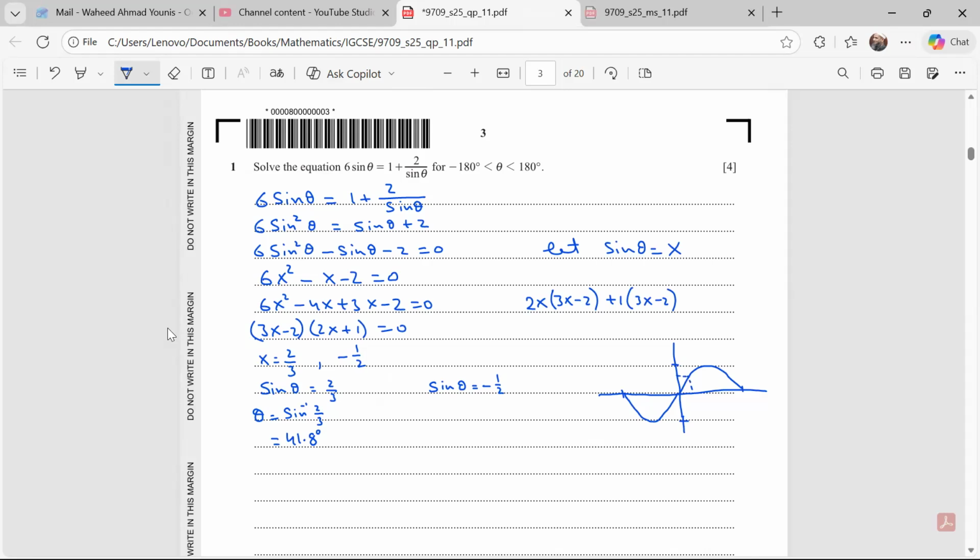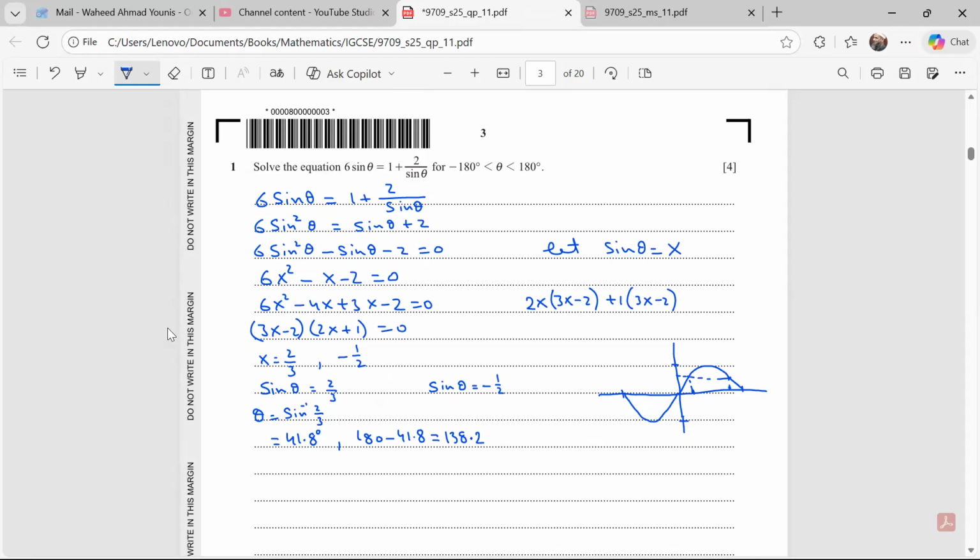Whatever this angle is, this other angle also has the same sine value, and this angle would be 180 minus this quantity. So the next angle is 180 minus 41.8, which is 138.2. These are the two angles which give sine equal to 2 by 3.